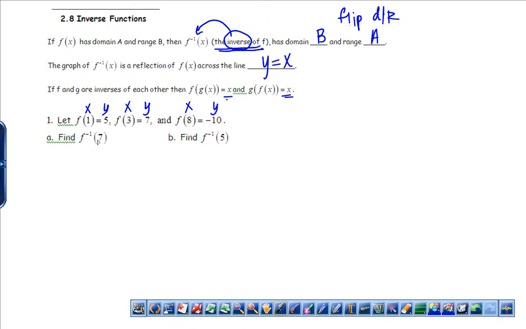If the inverse is 7, that means if your x is 7, what is your y? Remember, you're flipping your x and y's. So if this is your x, what is your y? So I'm going to look up here. If this is your x, then this is your y. So it has to be 3. What is your inverse of 5? So again, I'm looking at my y values to find my x, and it looks like it has to be 1.